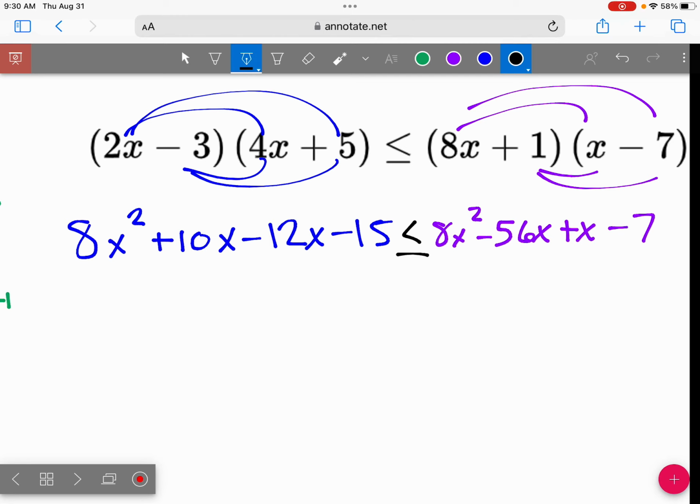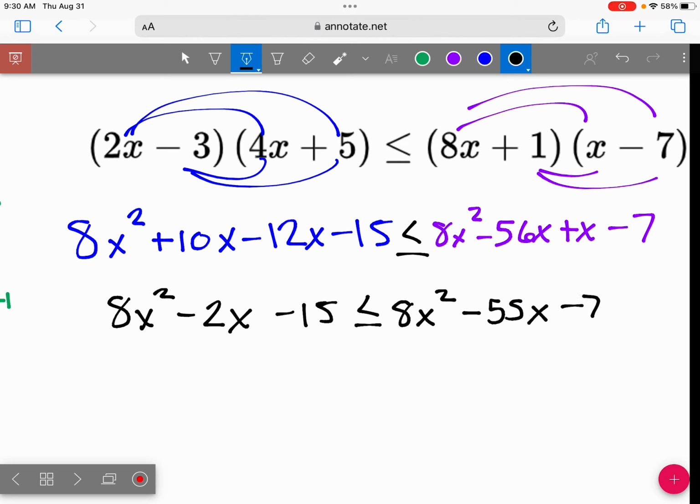So I'm going to simplify these. We're going to have our 8x squared minus 2x minus 15 is less than or equal to 8x squared minus 55x minus 7. Get our x squareds together.